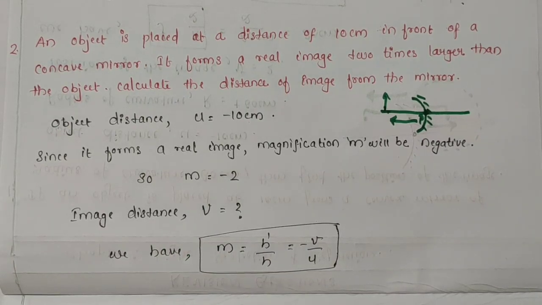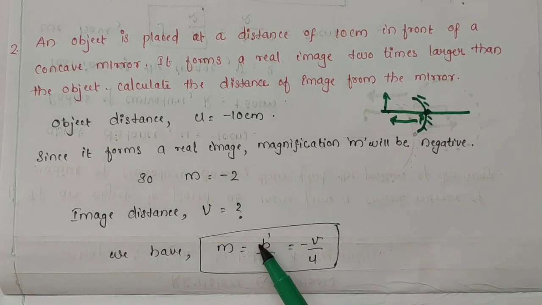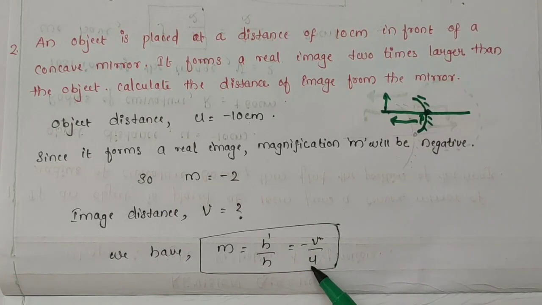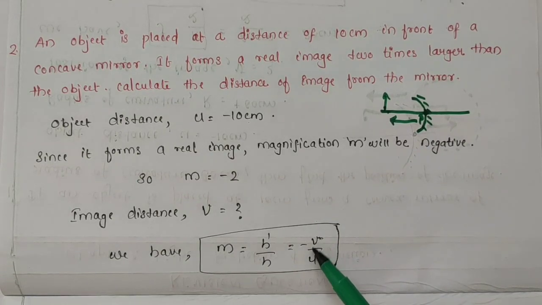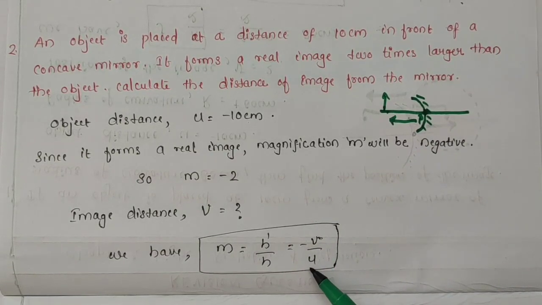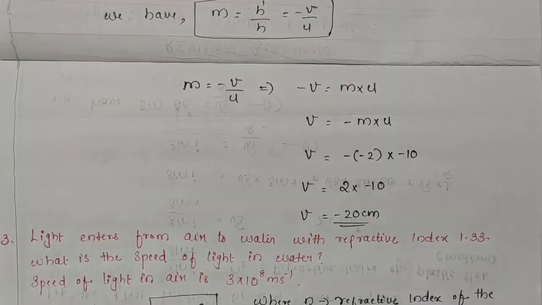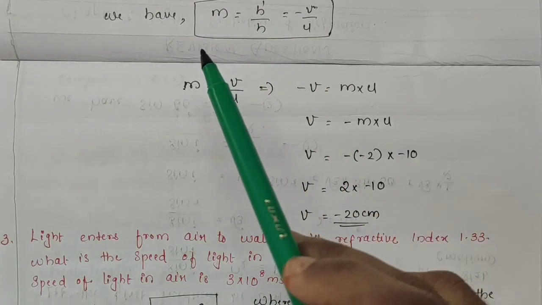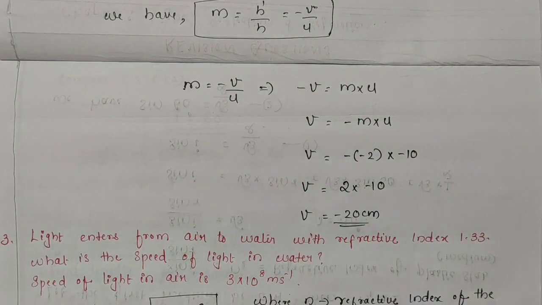Okay, so by definition, we have magnification m as h dash by h, that is ratio of the size of the image to the size of the object, which is also equal to minus v by u. v is the image distance and u is the object distance. So I am taking this expression m is equal to minus v by u.